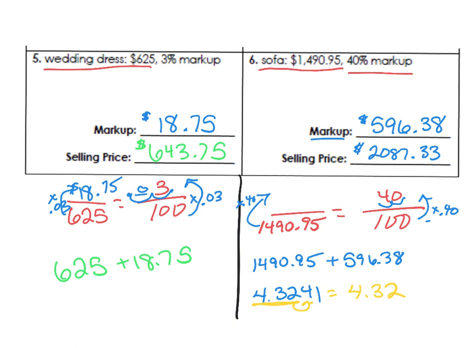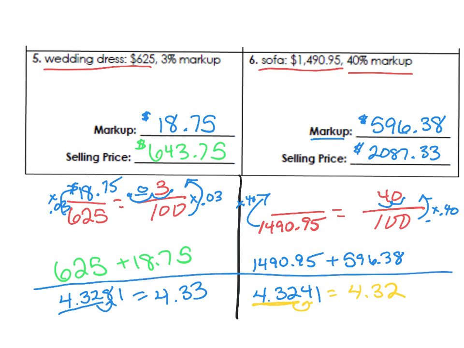Sometimes it might be $4.32, but then it's an 8 and a 1. And again, this is what we're going to want to use, but we're going to look at this. The 8 is going to make it go up, so then it would be $4.33. So you have to be careful about your rounding.